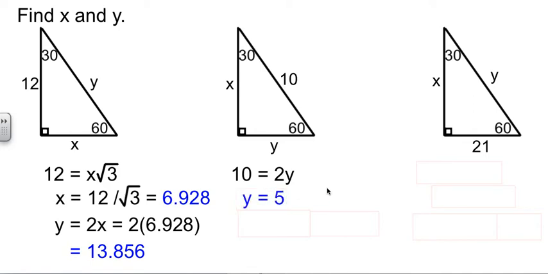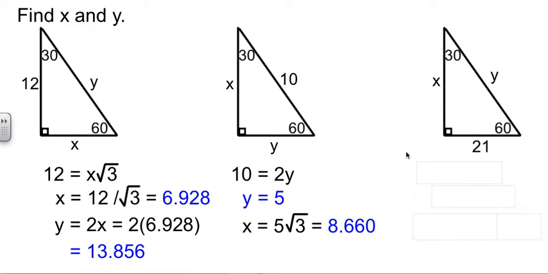Dividing gives me what the short leg is. Now that I know the short leg, I can find the long leg. Sorry. Looking for the long leg here. X is the short one times the square root of 3. Punch that into my calculator and I get a nice decimal. Or I could leave it 5 square root of 3. Either way.